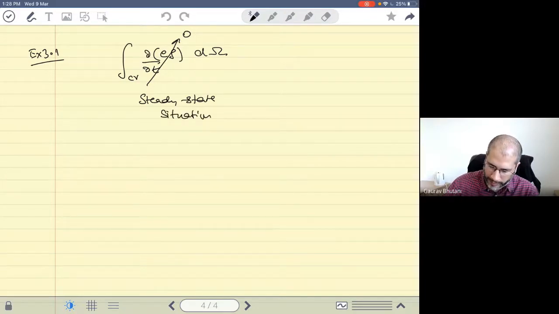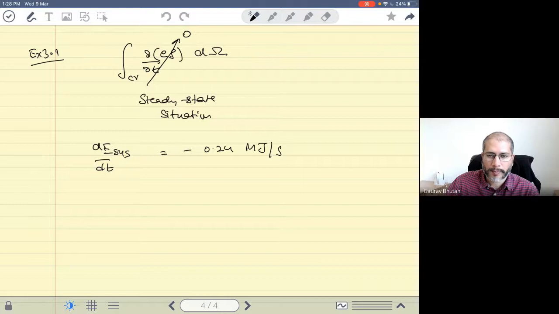And that resulted in dE system by dt being negative 0.24 megajoules per second or megawatts. Okay, so that was the net change in the energy of the system at that instant.